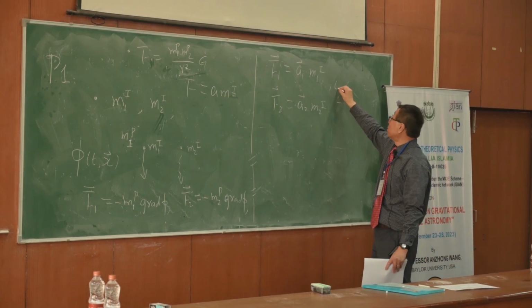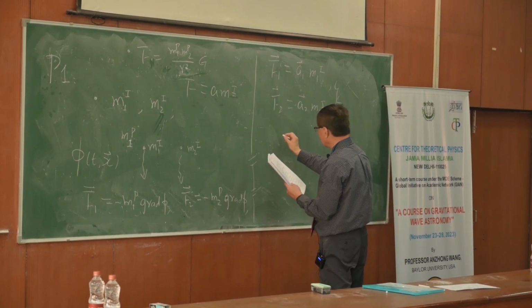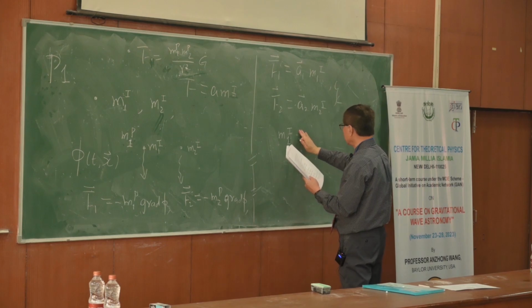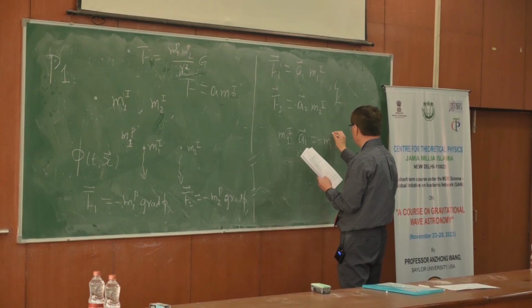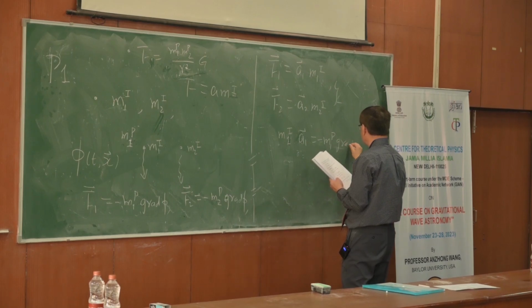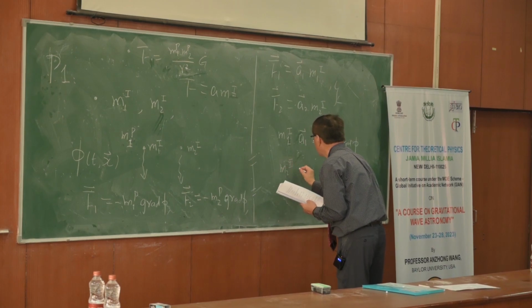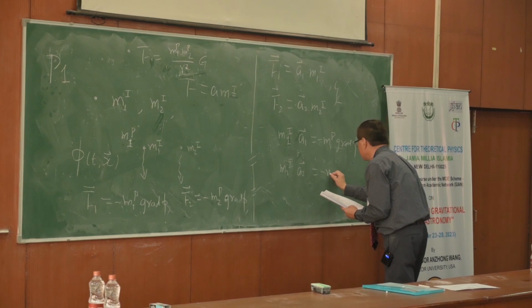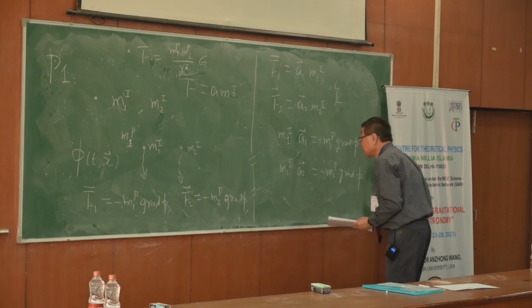If I combine these together, I get A1 equal minus M1P, the gradient of phi, and A2 equal minus M2P, the gradient of phi, correct?